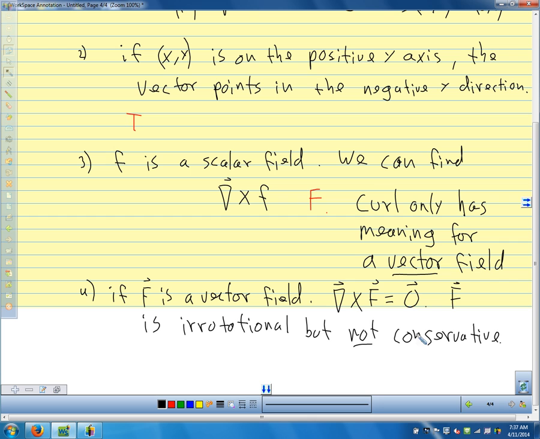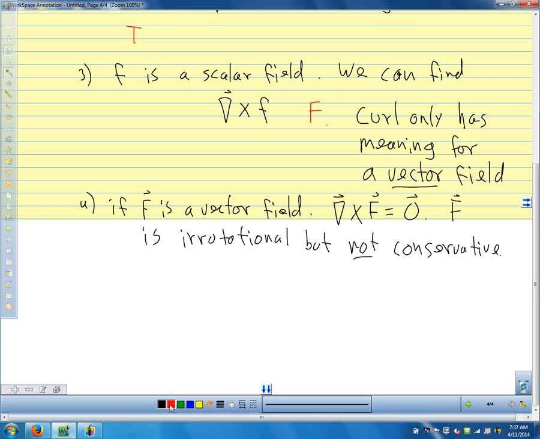If our curl is 0, our curl has to be 0 for it to be conservative. So if it's 0 at a point, are you saying the curl is 0 at a point? Yeah, at a single point. I'll have to think about that one. Could we have the curl 0 at a single point and have it conservative everywhere else? I'm not sure that's possible, but I'll have to think about it. It's a good question. All right, this one is false.